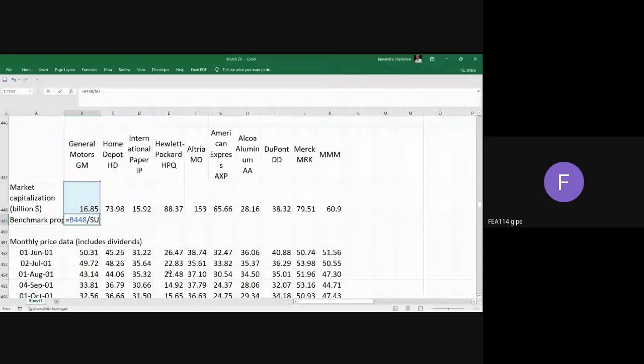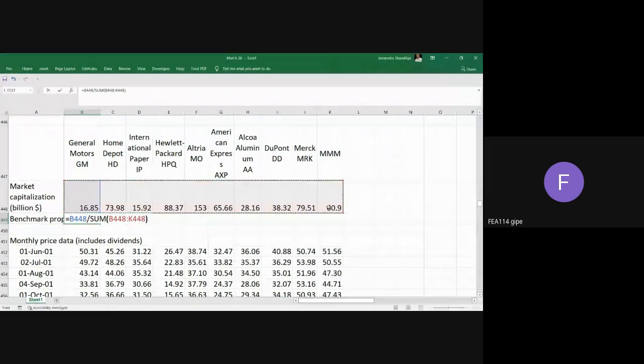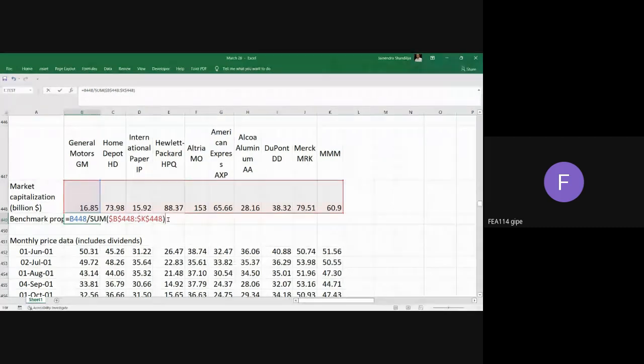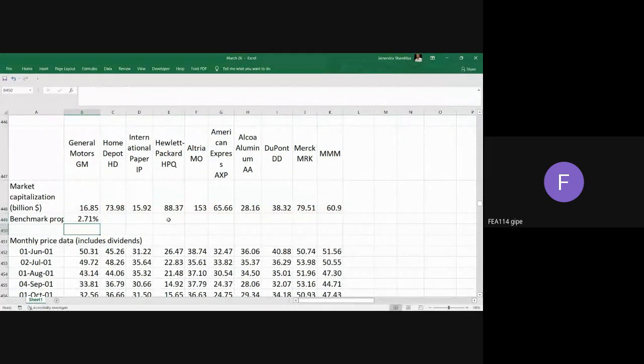So take the entire one, and yeah, I got 2.71% for this, and then I just paste it in the other column.